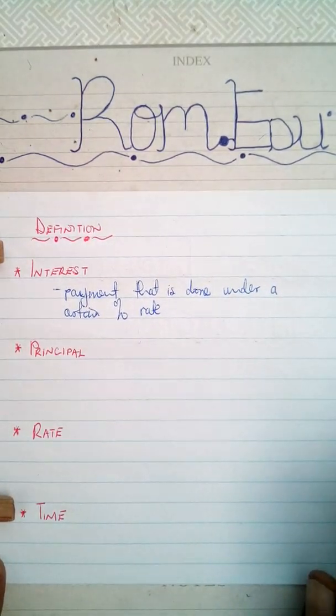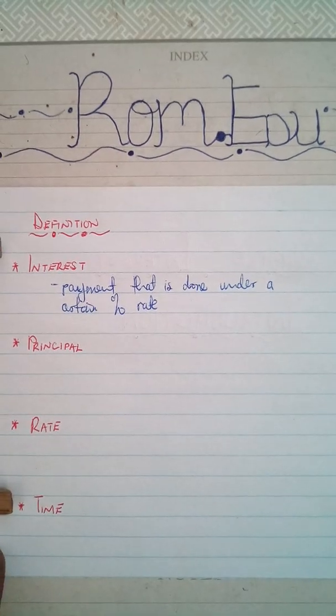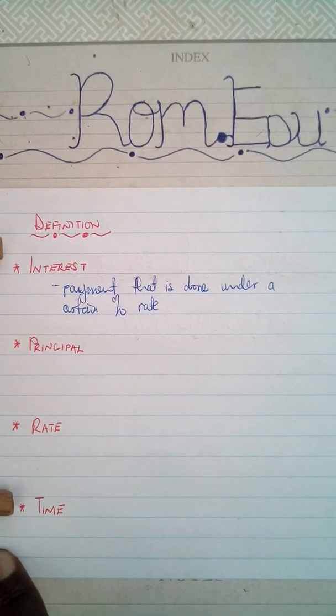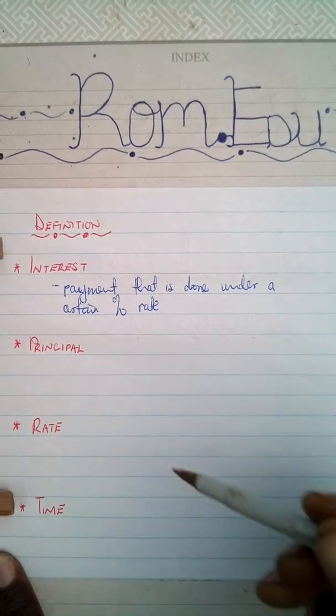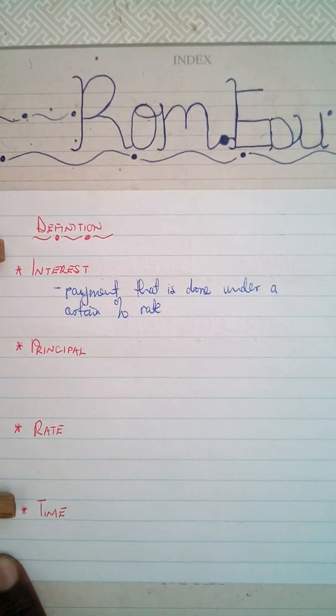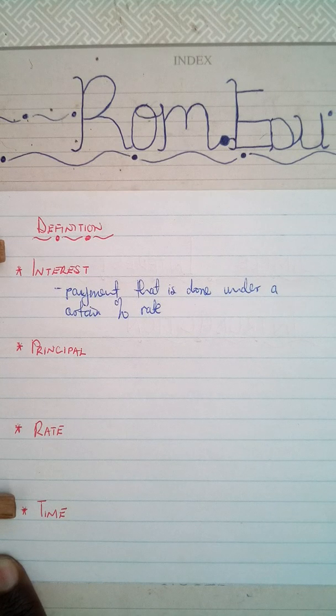There's a certain percentage payment either when someone borrows or when someone earns or when someone saves.